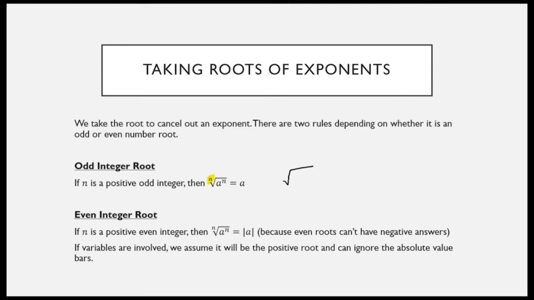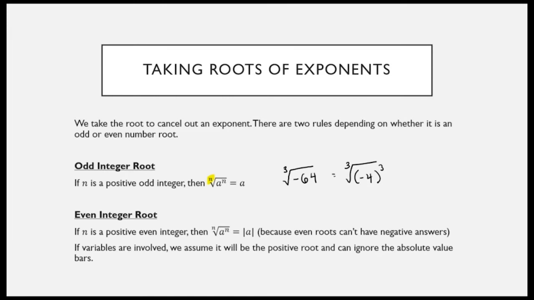A good example here. Let's say I want to take the cubed root of -4 cubed, which is -64. -64 is what you get when you cube -4.